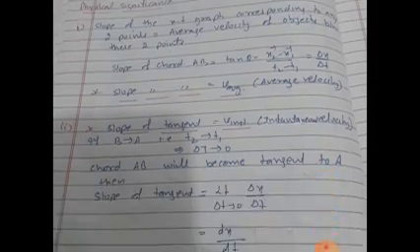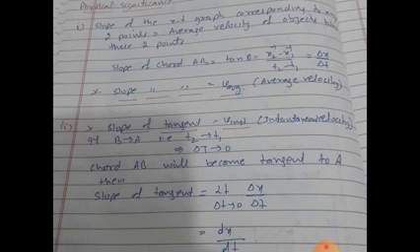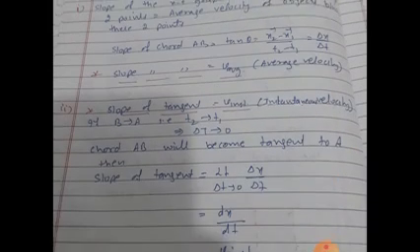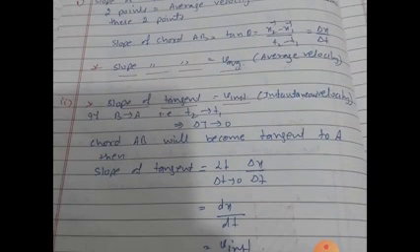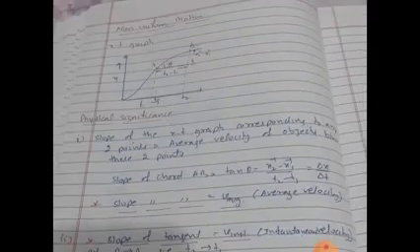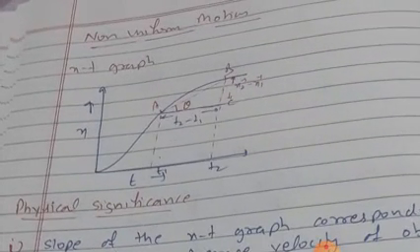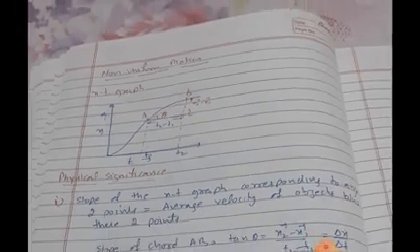Now next, from this graph we can also evaluate instantaneous velocity. The slope of the tangent is equal to instantaneous velocity. See here, if B approaches A, when T2 approaches T1, if T2 comes very close to T1, then B will come close to A in such a way that delta T approaches 0.